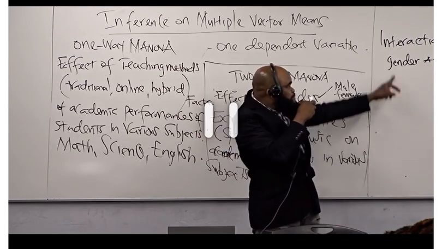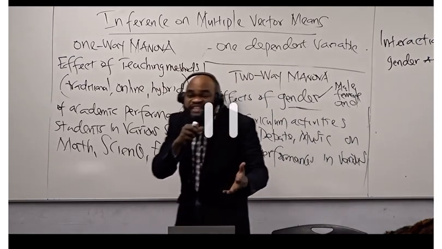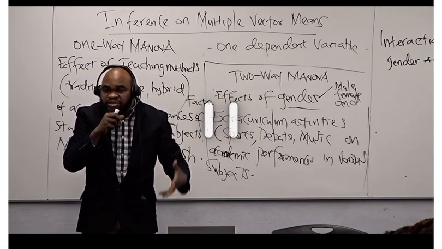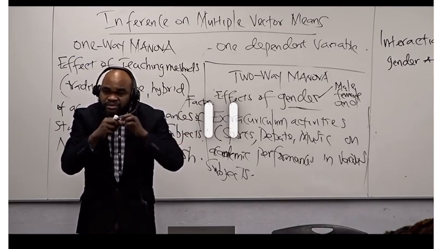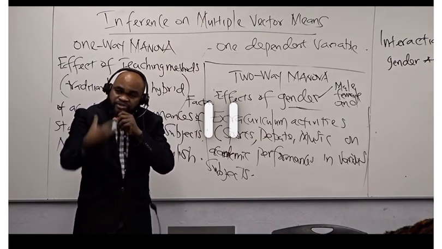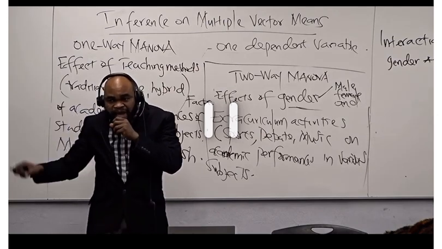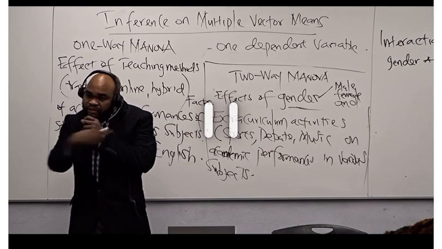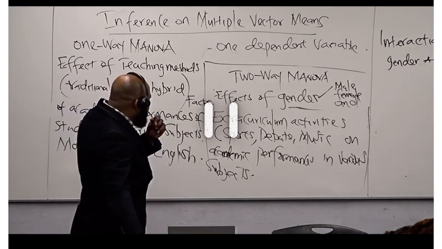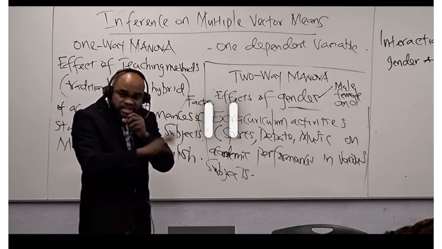So a particular factor is not consistent, which means it depends. When the effect of a factor on the response depends on another factor, then we need interaction.